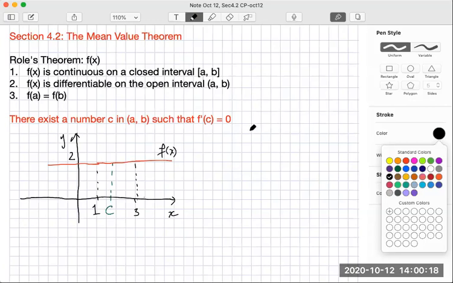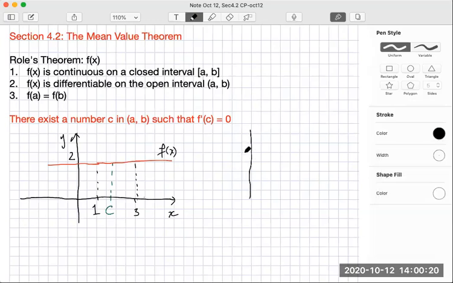And another situation. If the graph is like this, x here, y, and in general we call it a and b, right?